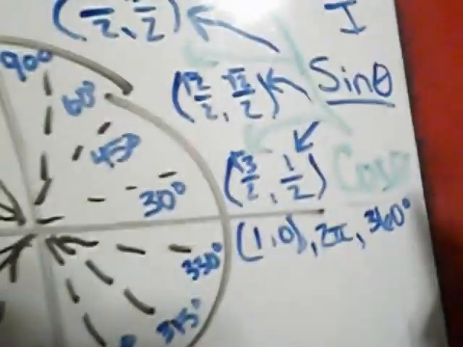Now, to figure out the rest of these, this is quadrant 1, this is quadrant 2, this is quadrant 3, this is quadrant 4. Alright, so these, that's a 1 by the way, these are all positive, so it's positive, positive. Quadrant 2 is negative, positive, because it's quadrant 2.